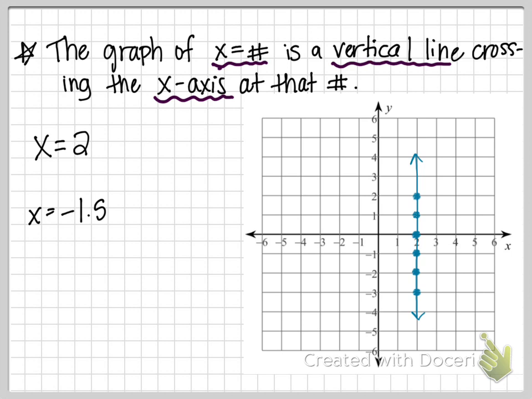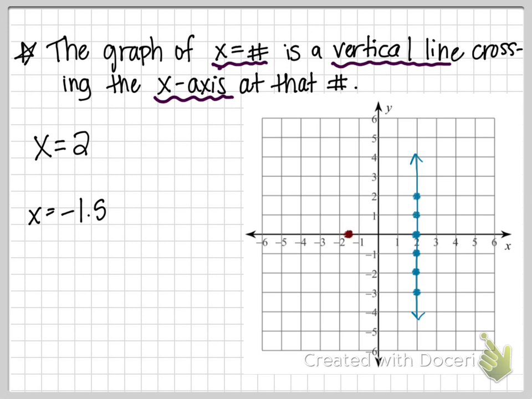Okay, if you see something like this, x equals negative 1.5. Now, looking at our coordinate plane, we don't have a 0.5, so we need to use what we know about numbers and recognize that negative 1.5 is going to be right in between negative 1 and negative 2.